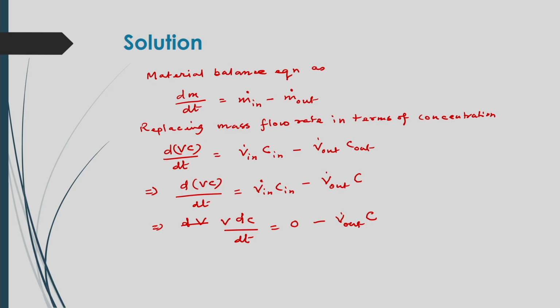Now, what is the initial condition, that time t in the tank, that solid concentration? We have to find out first to solve this resultant differential equation of the concentration change with respect to time.